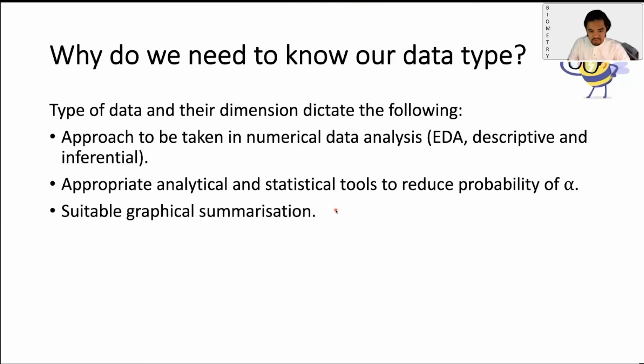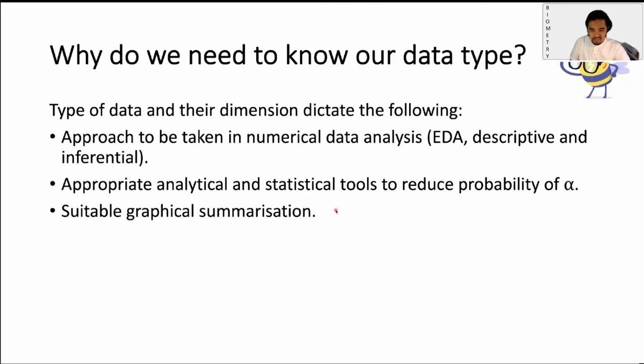And for inferential analysis, we talk about the statistical tools that we're going to use, and whether it's parametric or non-parametric data. By knowing the type of data that you collected, you could choose the appropriate statistical analysis for your data. The whole reason is that you are able to reduce the probability of committing type 1 or type 2 errors.